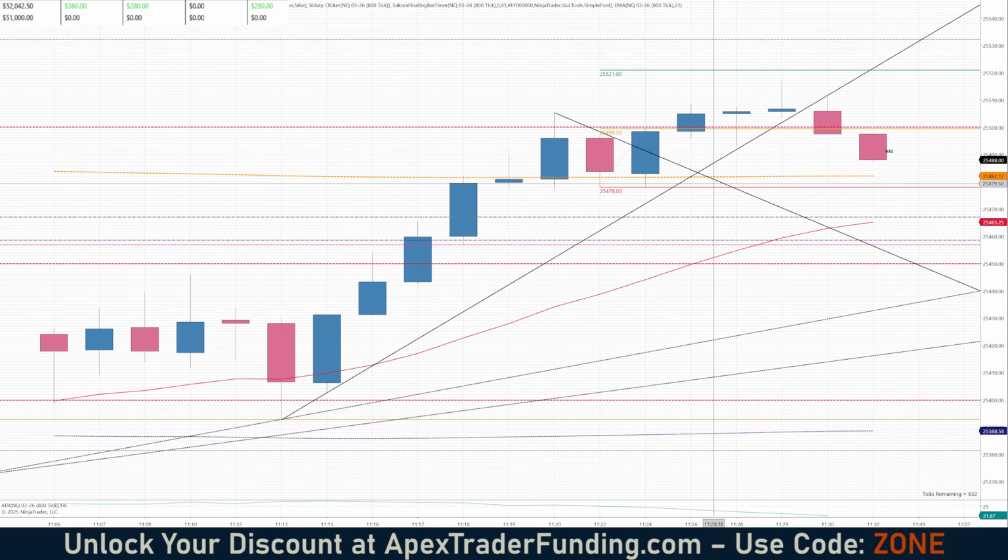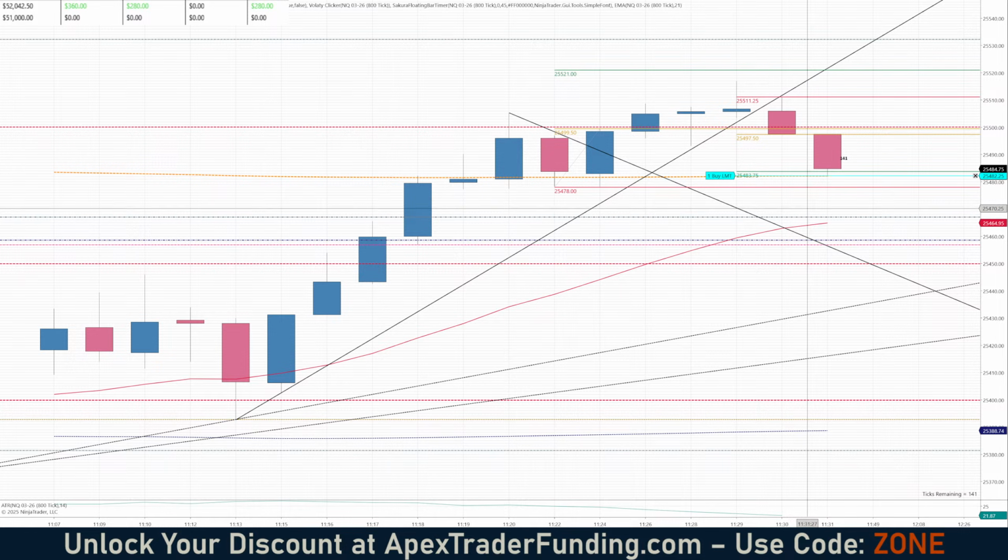Yeah, this looks more bearish now. I wanted to take the VWAP bounce. I missed it.